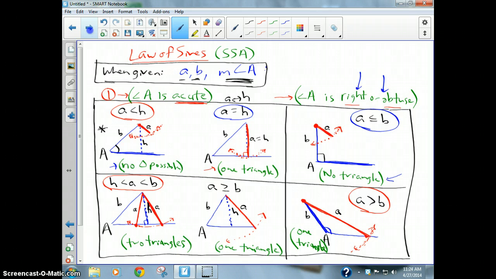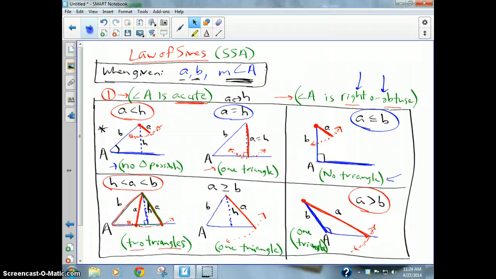In that case, there are 2 triangles that are possible. You could have this triangle, which is outlined in green, or you can have the inside triangle, which I'm outlining right now in red. So there are two triangles that are possible in that case.